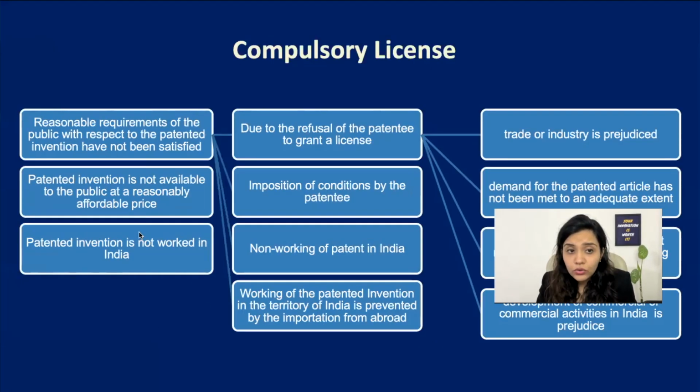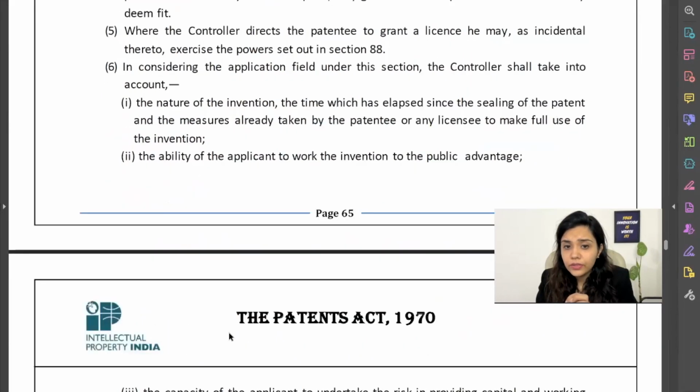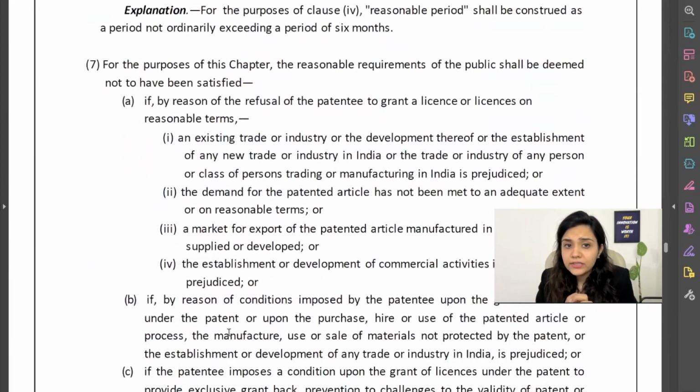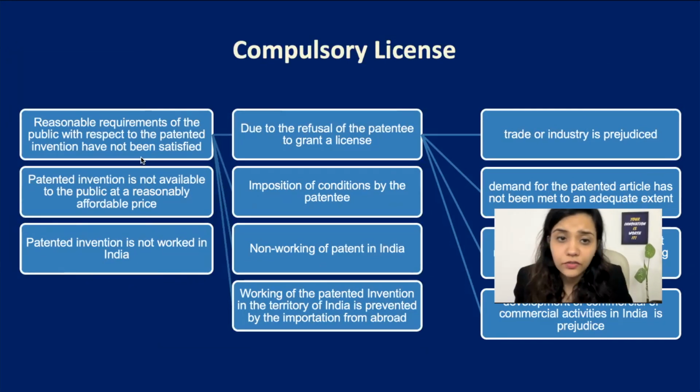So these grounds are important: reasonable requirements of the public are not being met, the patented invention is not worked in India, or the patented invention is not available to the public at a reasonably affordable price. In this section, it is explained what the reasonable requirements of the public with respect to the patented invention are.